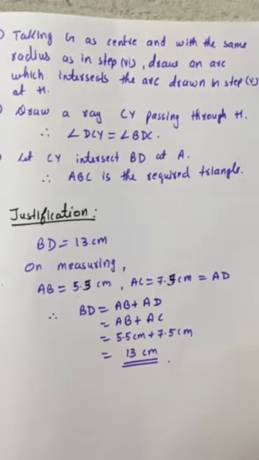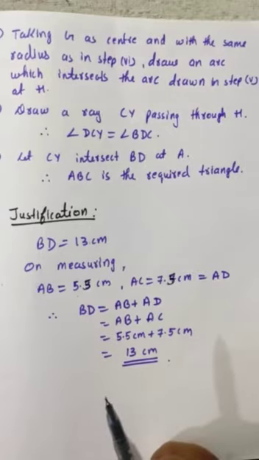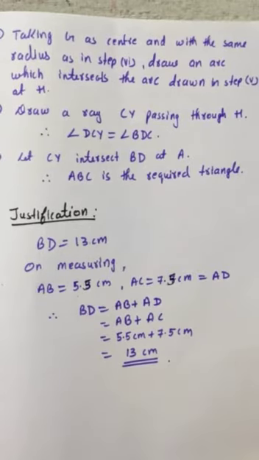I hope all of you have understood, and for better understanding you can go through the solved example in your textbook. We have basically done only one type of triangle, so please construct it in your notebook and write the steps and justification properly. That's all for today, and the second type of triangle we'll see tomorrow.